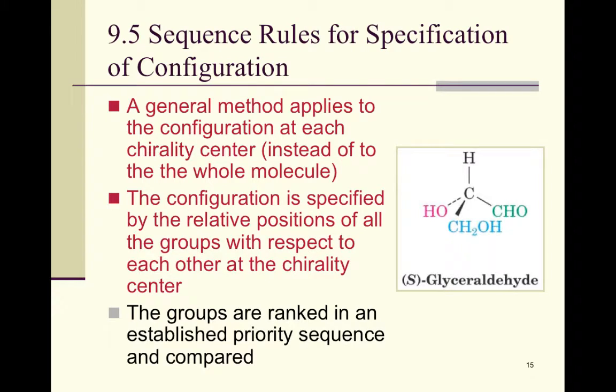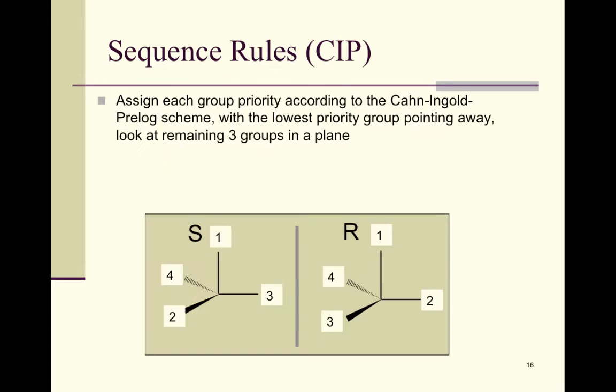The groups are ranked in an established priority sequence and compared. The sequence rules assign each group priority according to the Cahn-Ingold-Prelog scheme. That's what that CIP means in the title there. The lowest priority is going to have the lowest atomic number. The highest priority is going to have the highest atomic number.